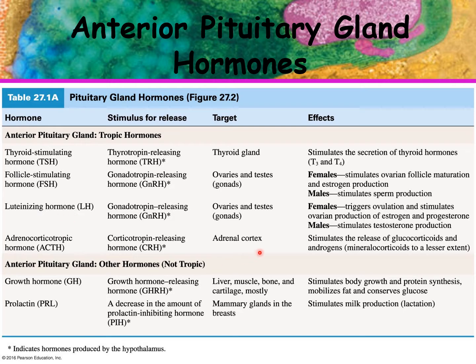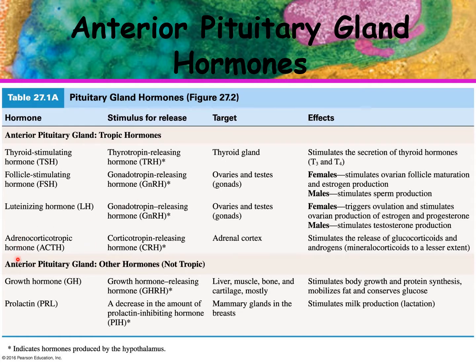Luteinizing hormone will also work on the ovaries and testes, and in the female, it triggers ovulation and stimulates ovarian production of estrogen and progesterone. In the male, LH stimulates testosterone production. Both FSH and LH are stimulated by the hormone gonadotropin releasing hormone, which is produced by the hypothalamus.